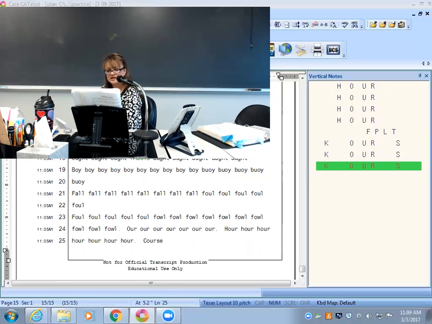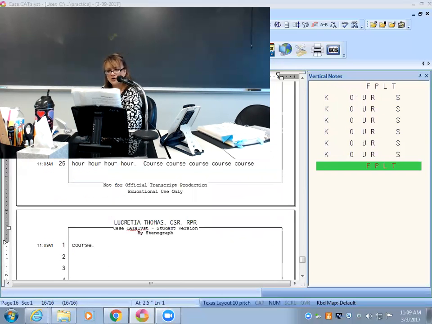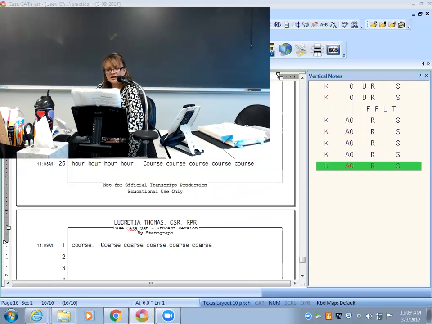Course, what course are you taking? And then coarse pepper. That one's a little different because it's got an AO, and that's supposed to be for the words with a double O, but it's a sound alike, so they try and take advantage of how it's spelled. So think coarse pepper has an AO, and so you have an AO for that sound alike in steno.